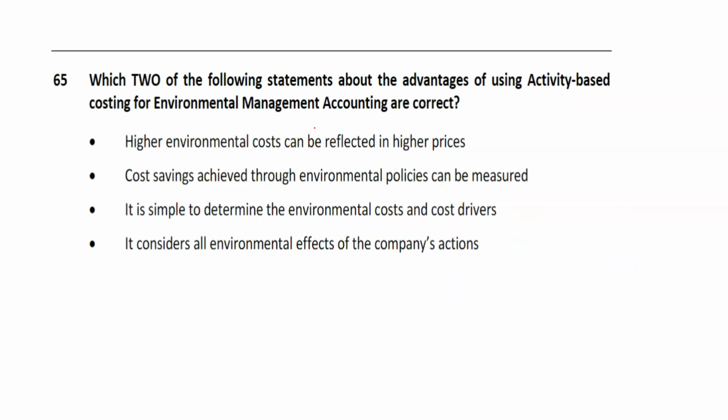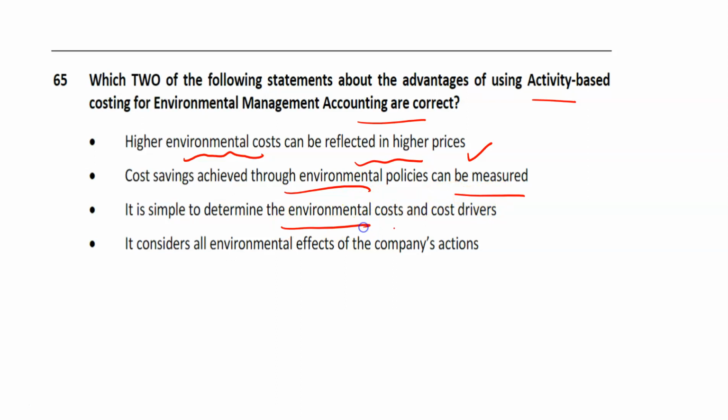Right, so let's look at 65. Which 2 of the following statements about the advantages of environmental management accounting are correct? Well, if you can capture the environmental costs, you could pass them on in prices. That's quite normal. Typically the problem is if you can't capture the cost, it's very difficult to integrate that into your pricing. And definitely cost savings achieved through environmental policies can be measured.